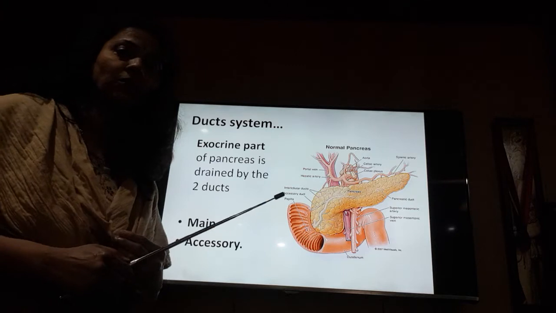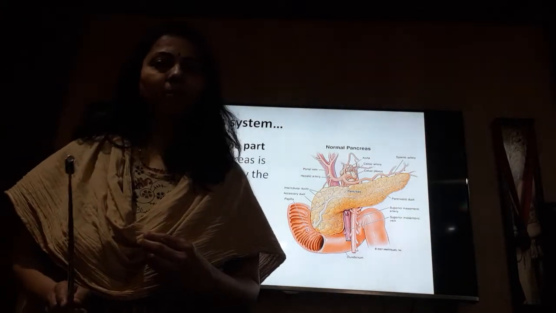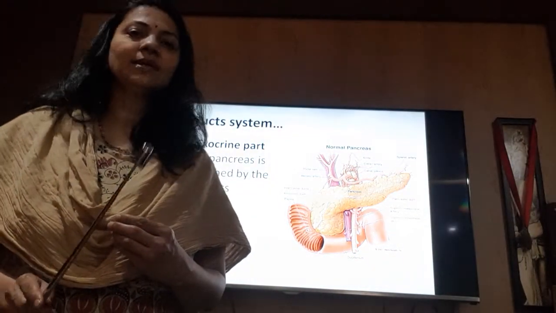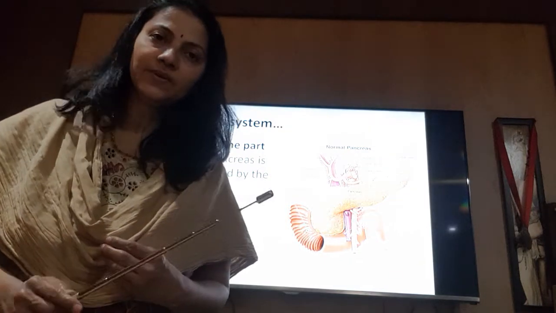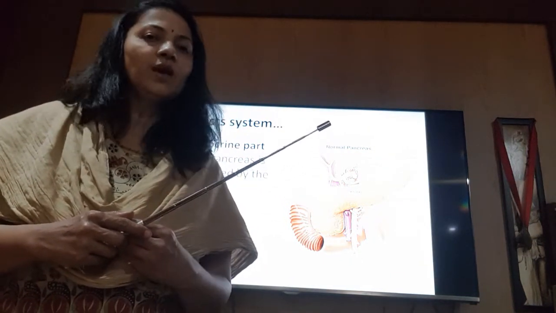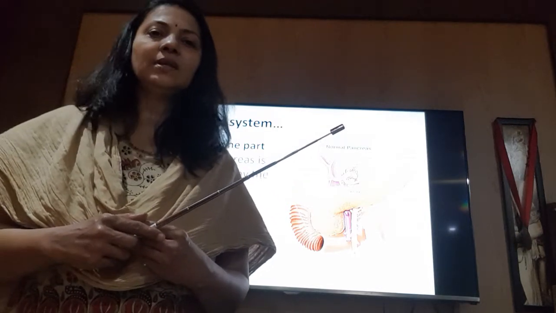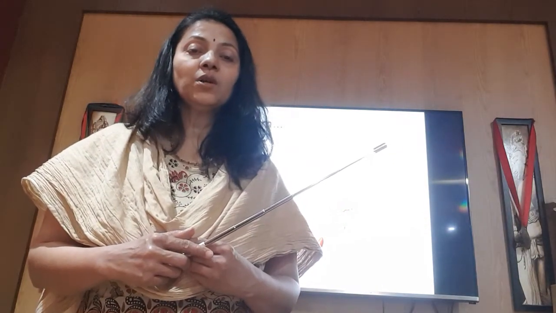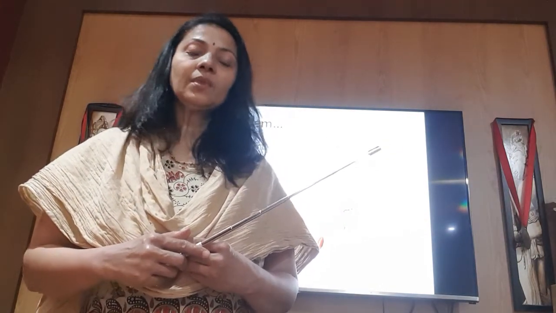Now we have seen the parts of pancreas: head, uncinate process, neck, body, tail. Okay, we have seen the borders, we have seen the surfaces, we have seen the relations of all these parts. Now we are talking about the ducts, the duct of pancreas.